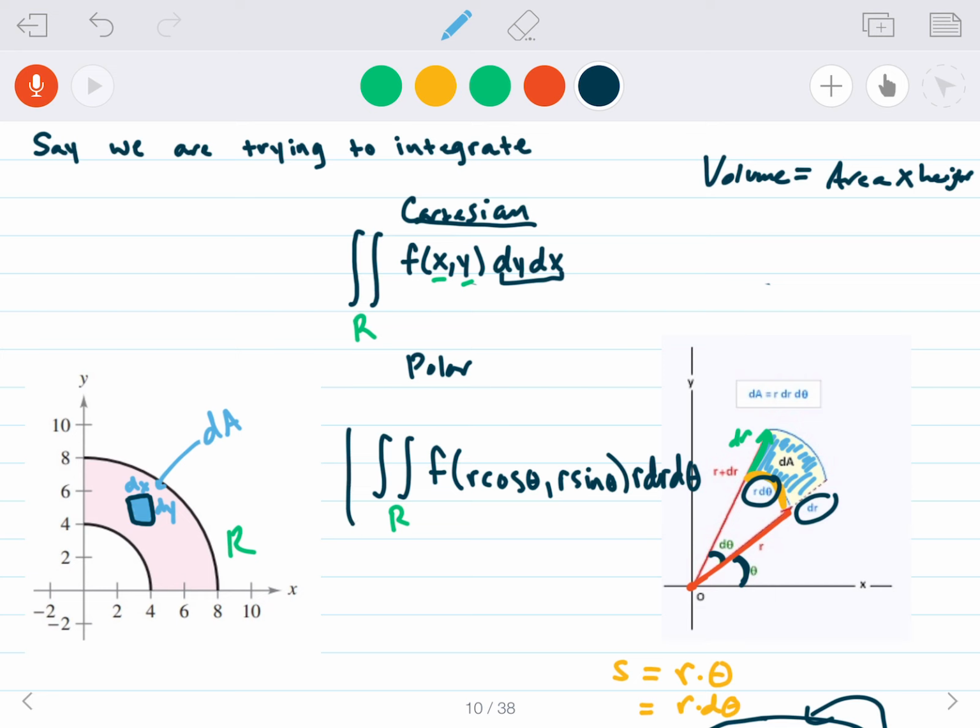So this is polar. Oh, I already wrote it up here. Whoops. But that's the idea.